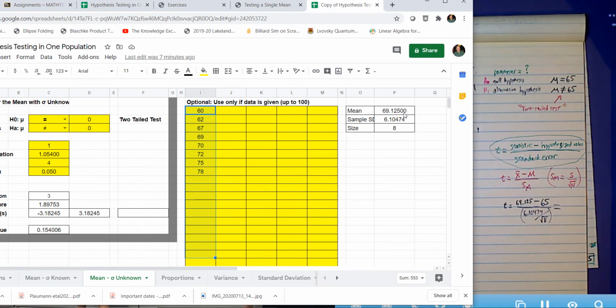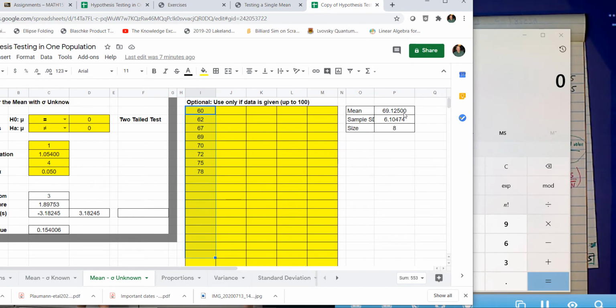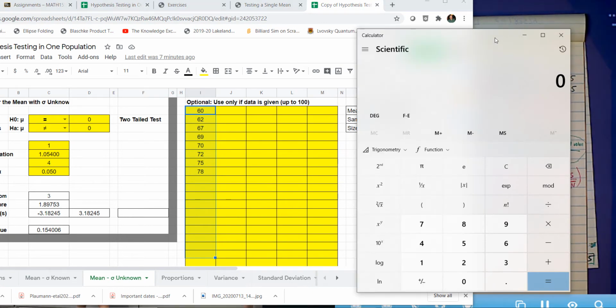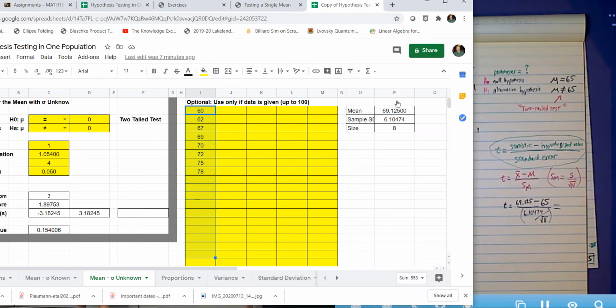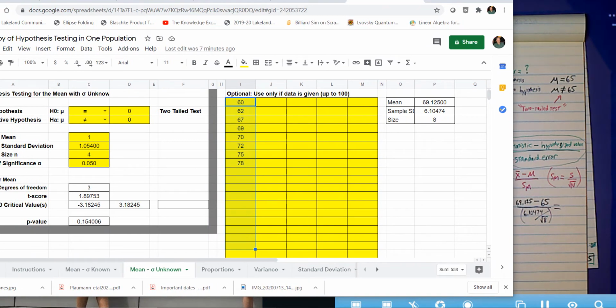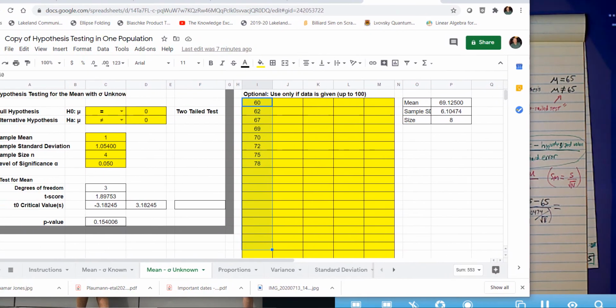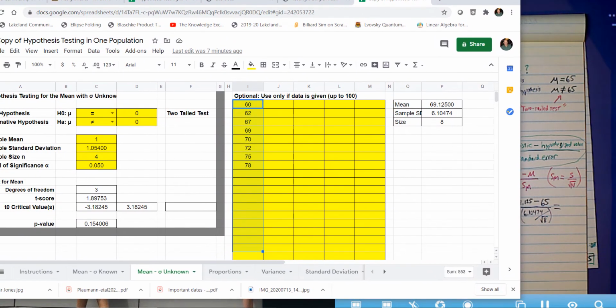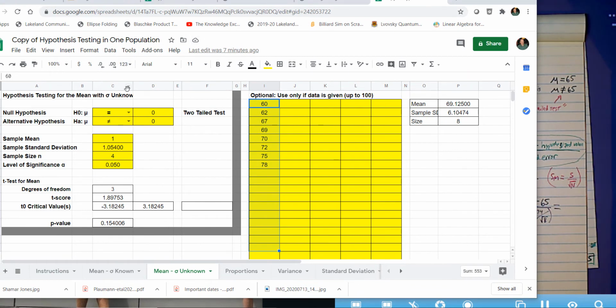Okay, so there's a couple ways to do it. I can pull out a calculator and work that out. But it turns out that this is programmed directly into the left side of this sheet. They have some really nice things here. It says, what is your null hypothesis?